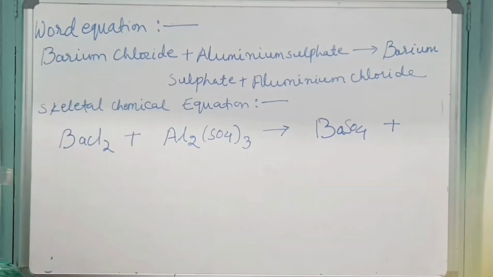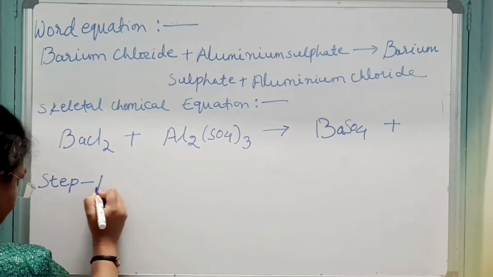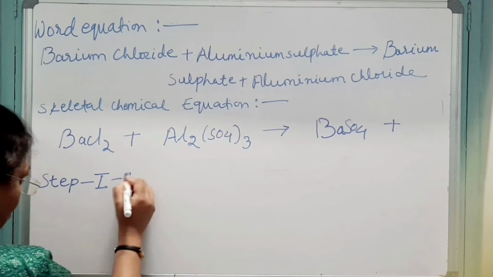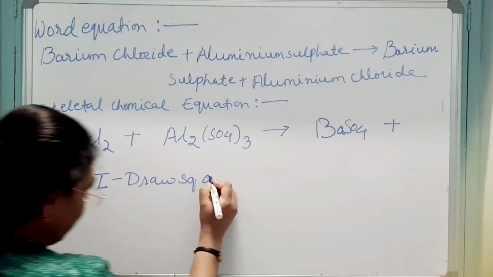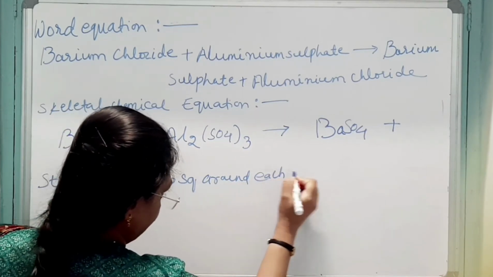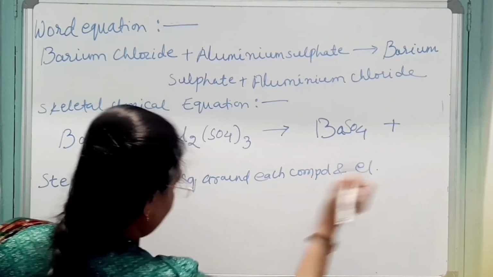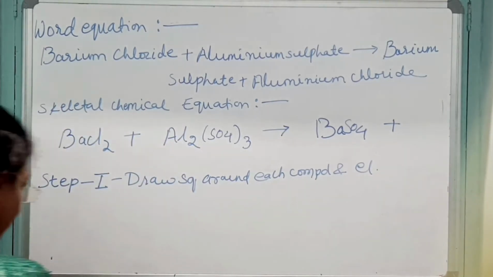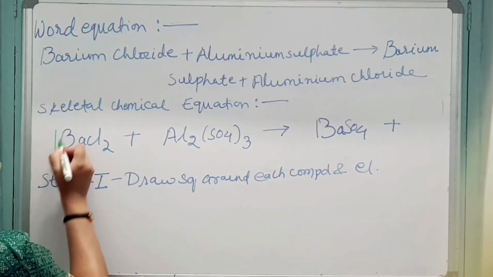How will we balance? Step number 1: draw a square around each compound and element. Okay, so we will first draw a square.